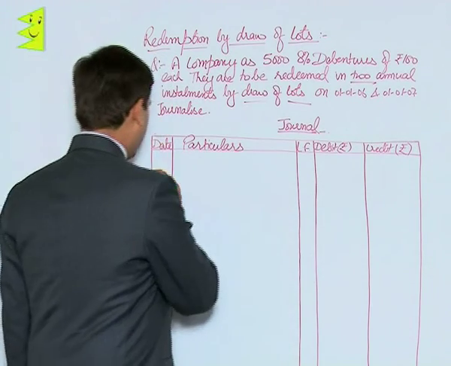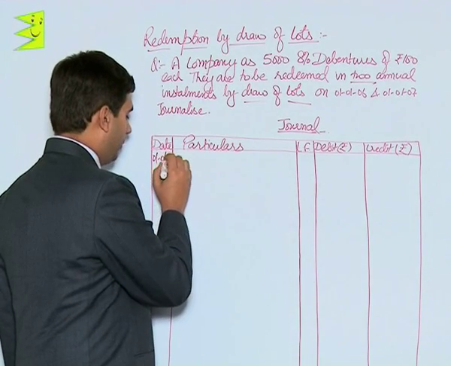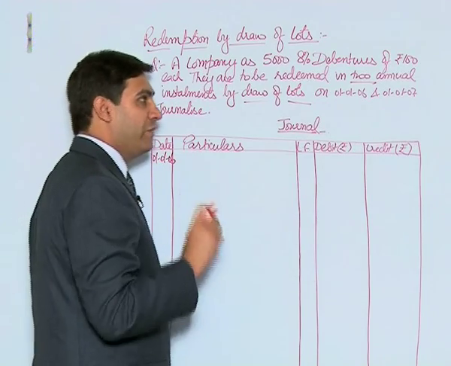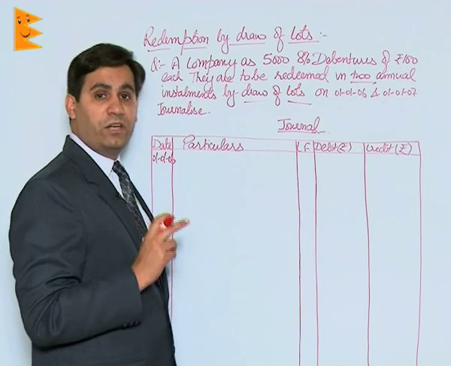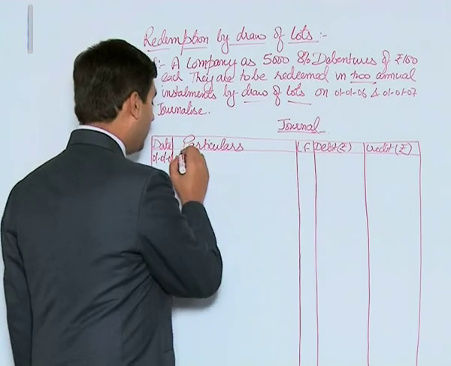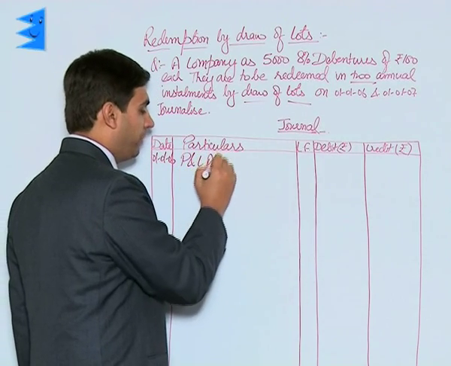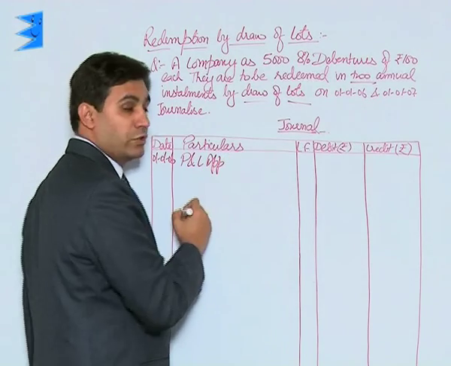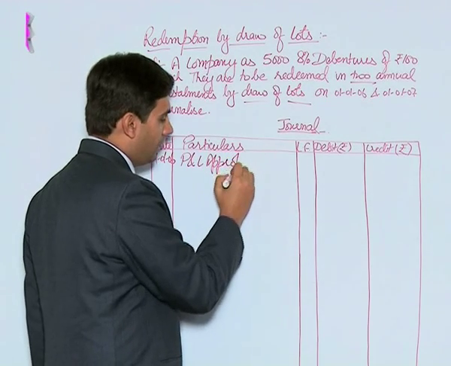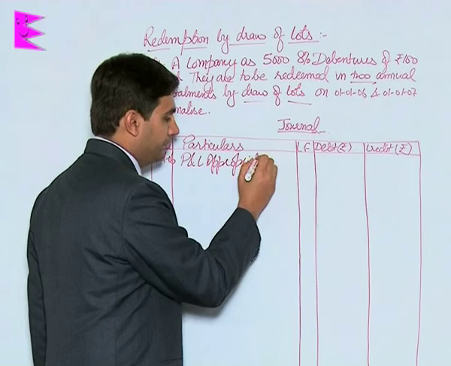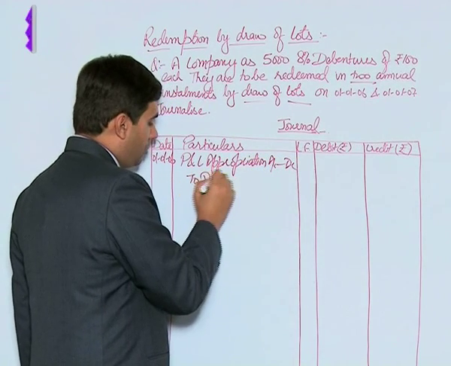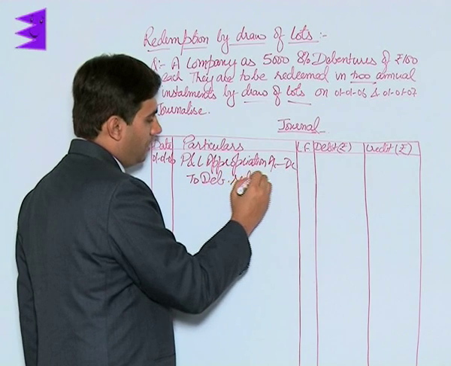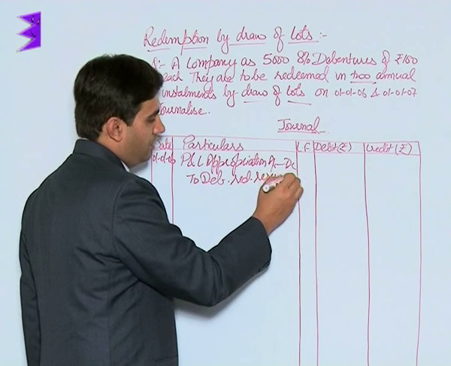So now students, on first date, that is 1st January 2006, when we commence redemption, remember DRR or debenture redemption reserve should be created and it should be equal to 50% of the face value. So the entry would be P&L appropriation account debited to debenture redemption reserve.